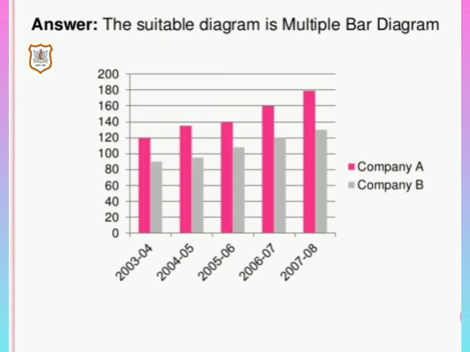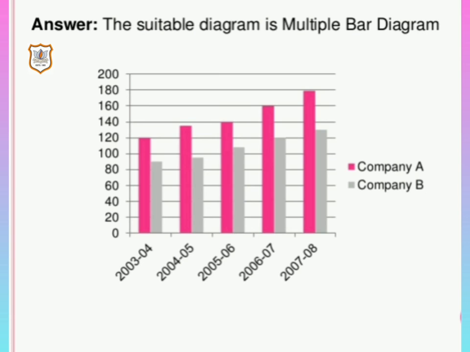So the pink bar that represents company A, profit of 179, is drawn just below 180, and company B's profit of 130 is drawn between 120 and 140, that represents the profit of 130.